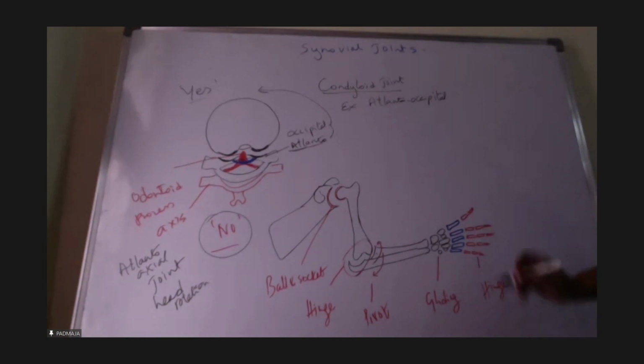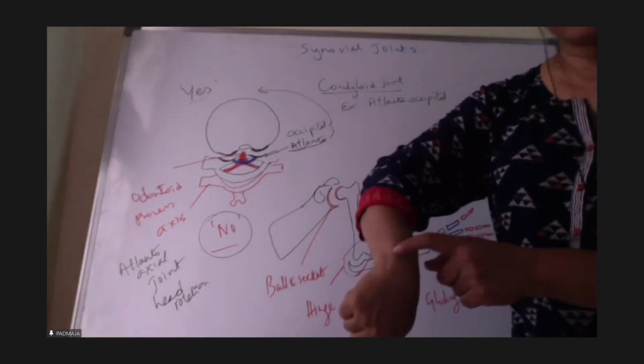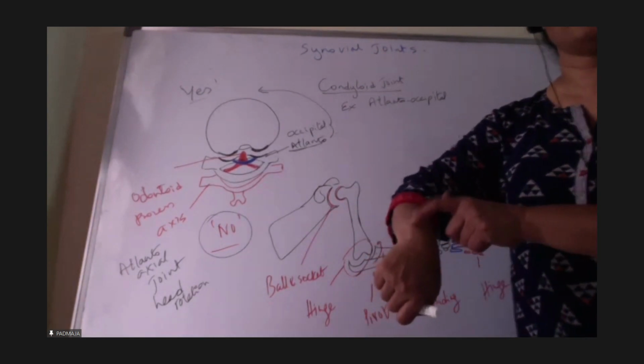Now here, radiocarpal. This is also, you know very well, these are condyles here. I told you already, yes, ma'am, a round elevation of the bone is a condyle.